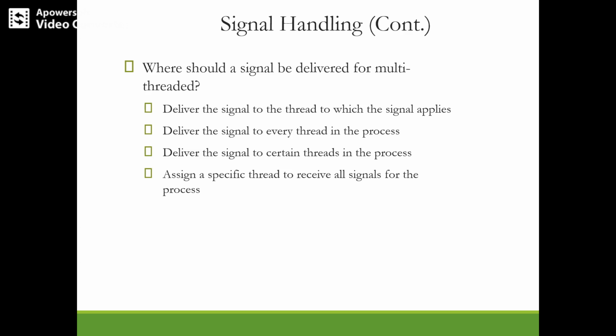So what strategy could be used, how could the signals be delivered? That is a major issue, and the specific method for delivering a signal depends upon the type of signal generated. A synchronous signal is sent to the thread which causes the signal, and all threads receive the asynchronous signals.